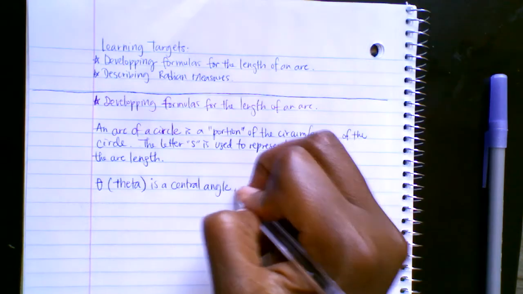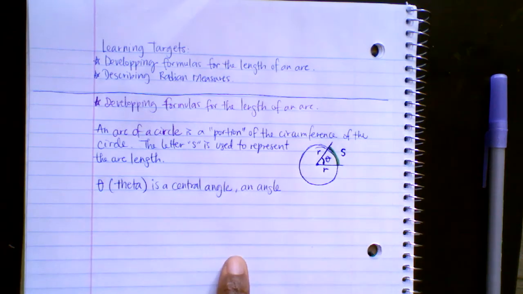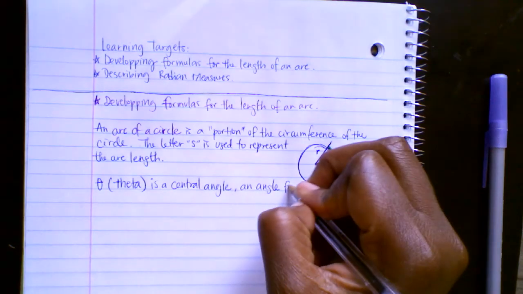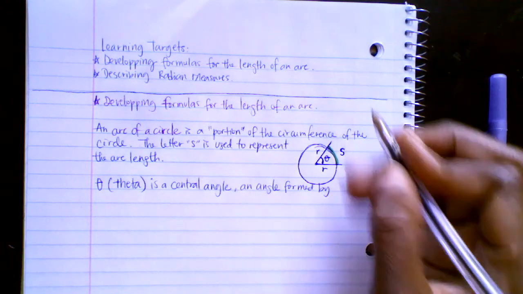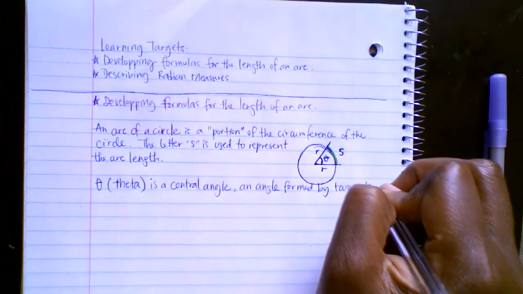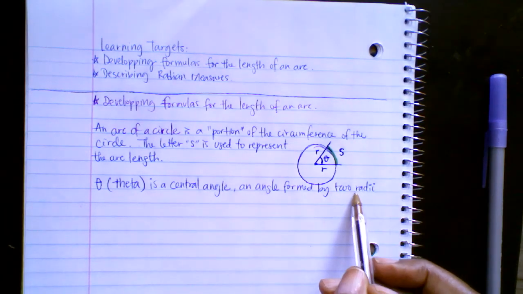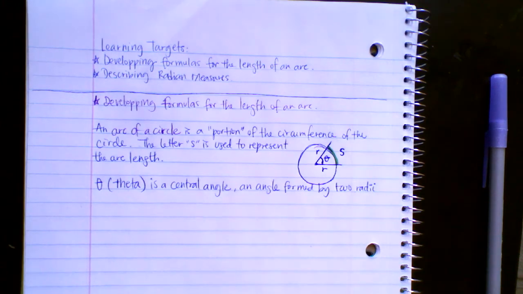And what is the central angle? It's an angle formed by two radii of a circle, like this, the plural for radius.